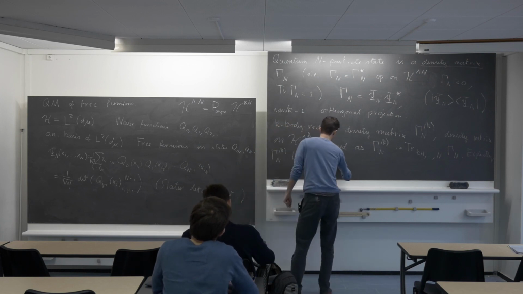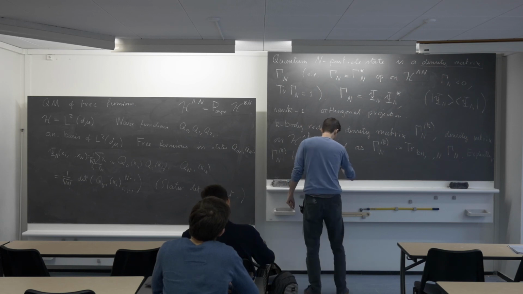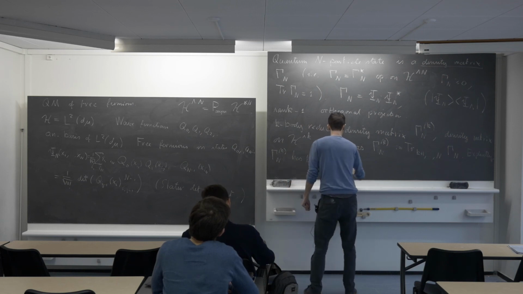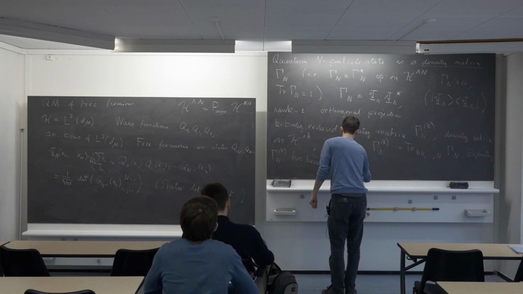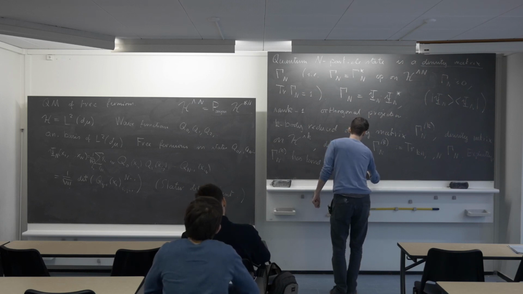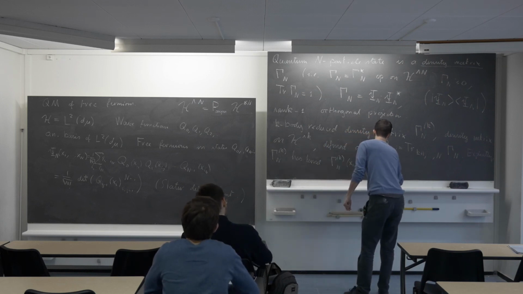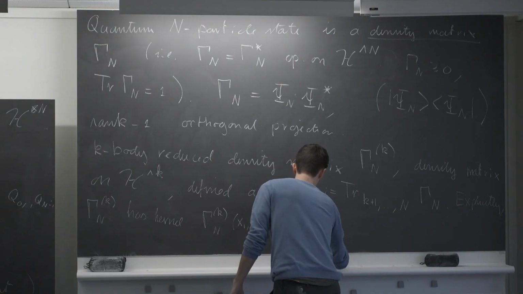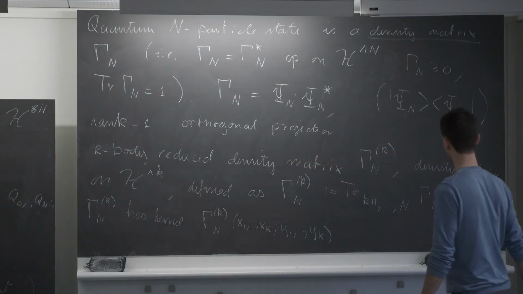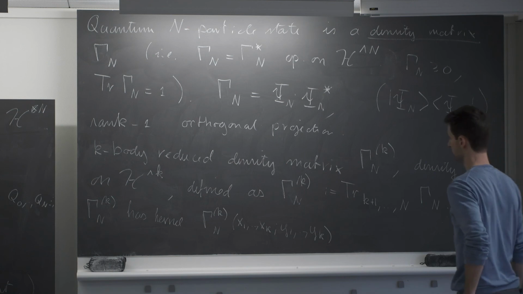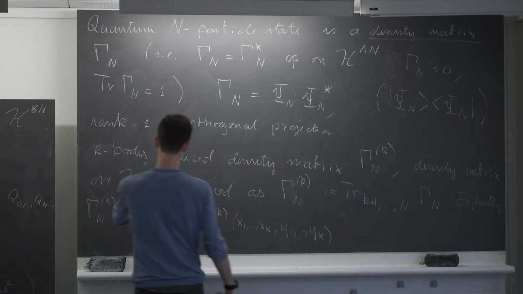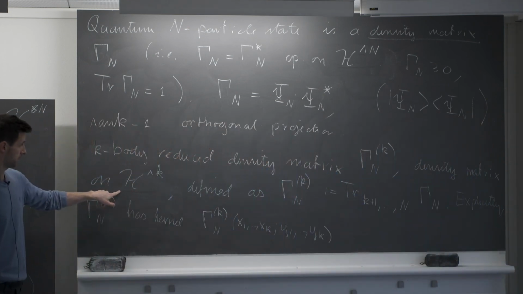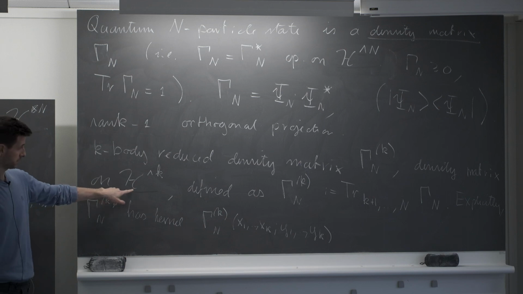Explicitly, it has a kernel. So let's do this carefully. I claim, first of all, it's a density matrix on this space. This space consists of wave functions of k variables.